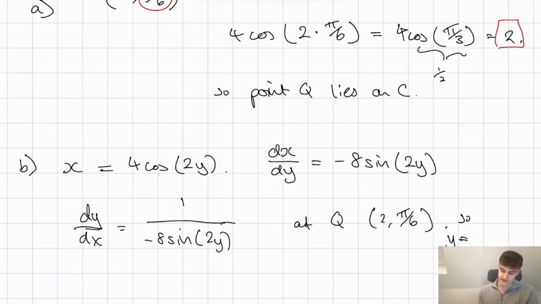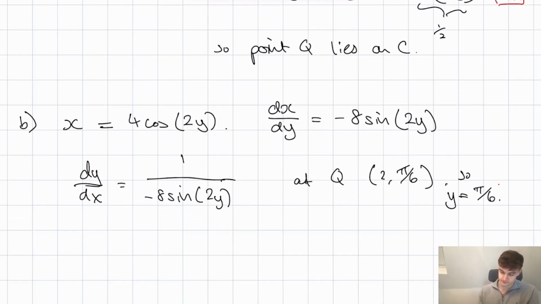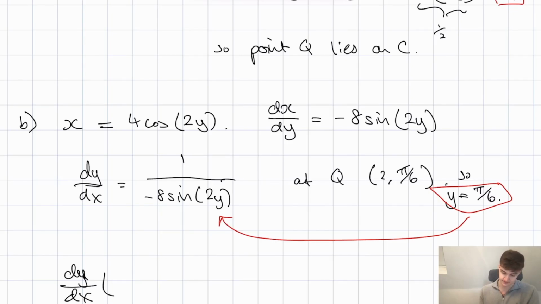So y is equal to pi over 6. That means I can put that into here. Again, I'm going to get dy by dx evaluated at y is pi over 6 is 1 over negative 8 sine of 2 lots of pi over 6, which is pi over 3.